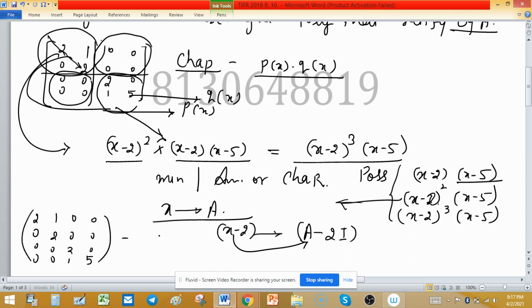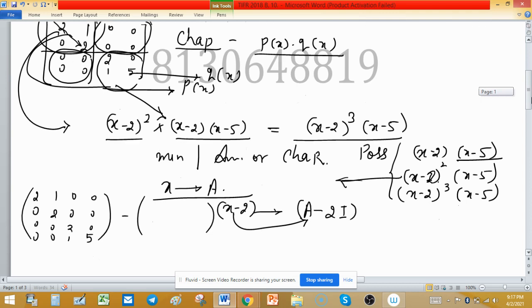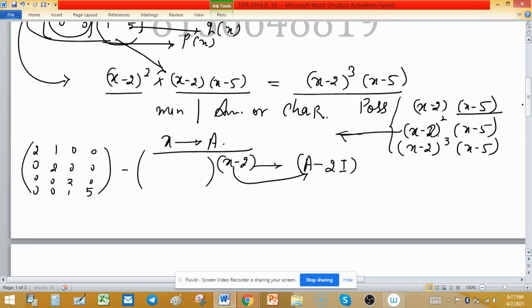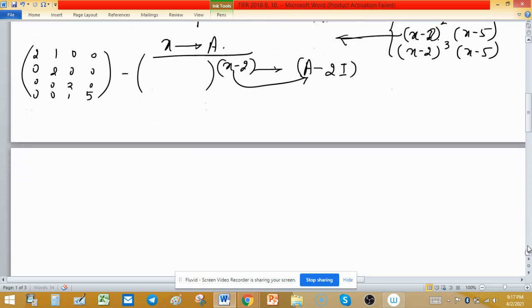Subtracting 2 times the identity matrix means only the diagonal elements will be subtracted and the remaining ones will be the same. So the matrix we obtain from this will be 0 0 0 0, 1 0 0 0, 0 0 0 1, 0 0 0 5.